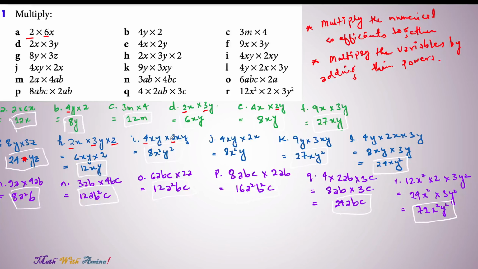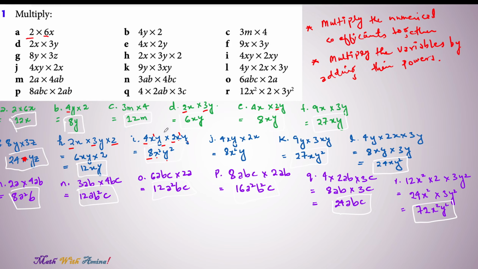So 4 multiplied by 2 is equal to 8. Now in here, x multiplied by x is equal to x square. y multiplied by y is equal to y square. So what did we do in here? We added the powers. In here the power of x is 1, and in here the power of x is 1. So what do we do?